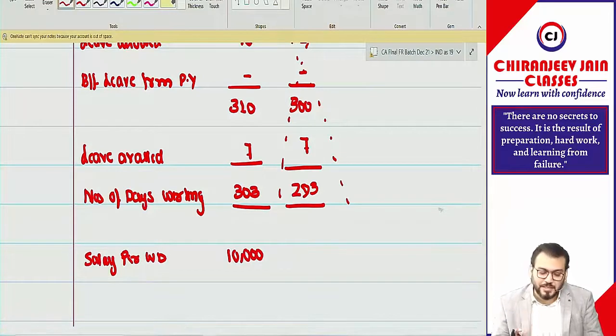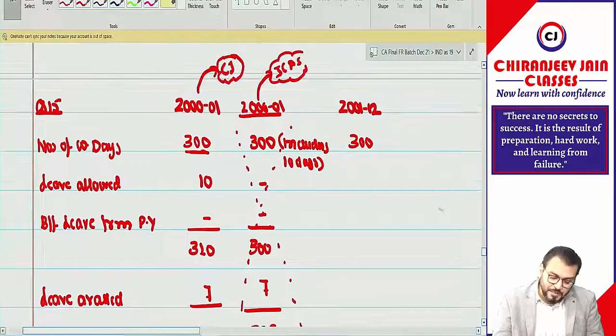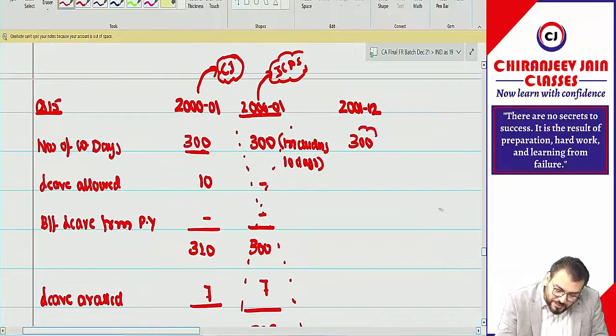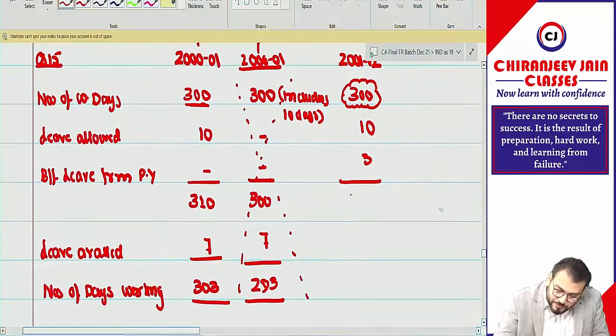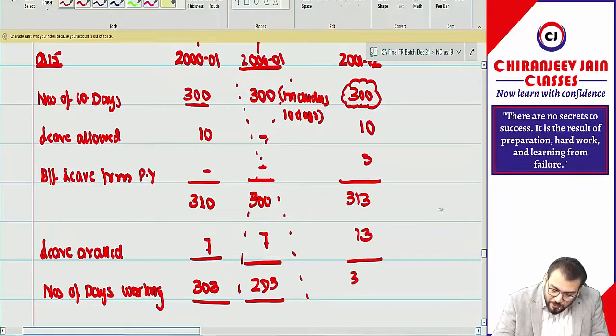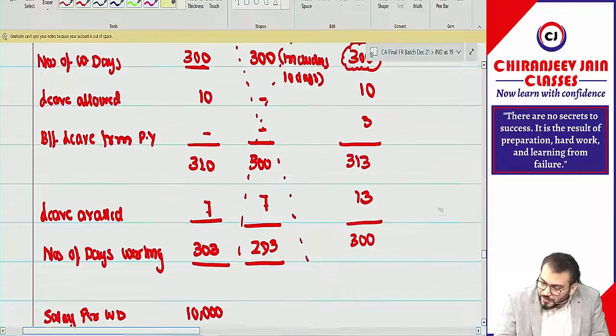Next year, it will be 300 only. Then leave allowed is 10, brought forward is 3. It becomes 313. Then 13 is actually taken. It becomes 300.